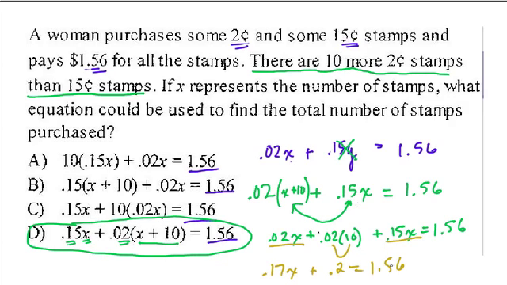$1.56. So now I'm going to simplify this, subtract 20 cents from both sides, subtract this 0.2. Running out of room though, sorry. And that's going to cancel this out. $1.56 minus 20 cents is $1.36, and that equals 0.17X.